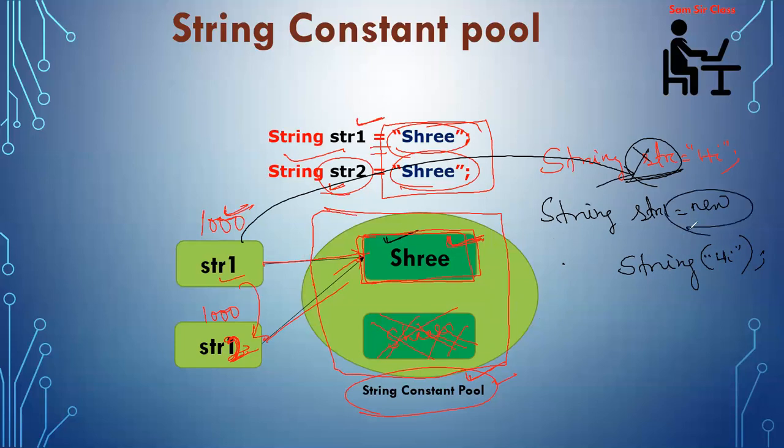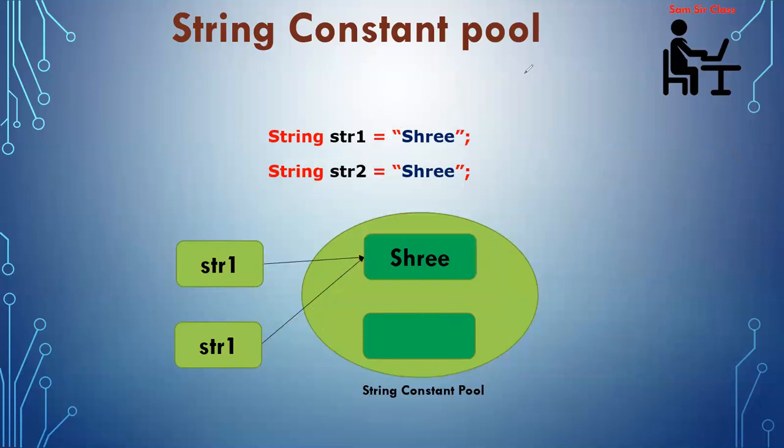But if you are using the new operator, then every time memory will be allocated for every object created by using the new operator. So separate memory blocks will be allocated and the value hi will be stored inside that. Clear? So JVM always creates a new object without looking into the string constant pool. Clear?